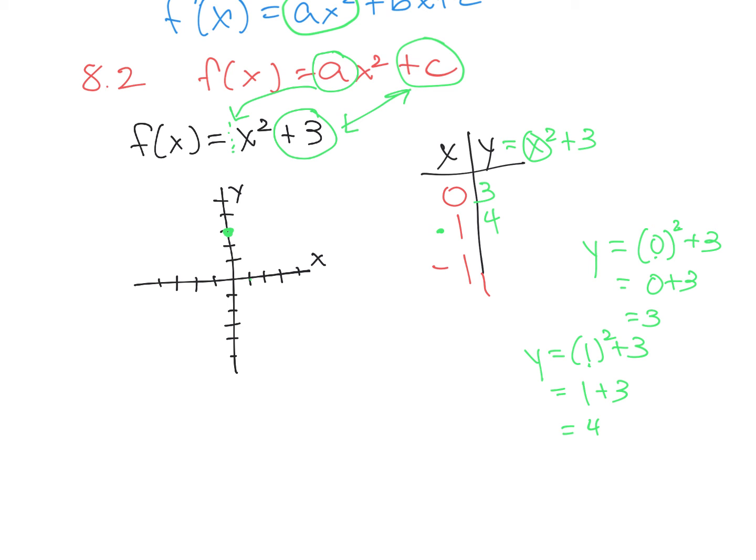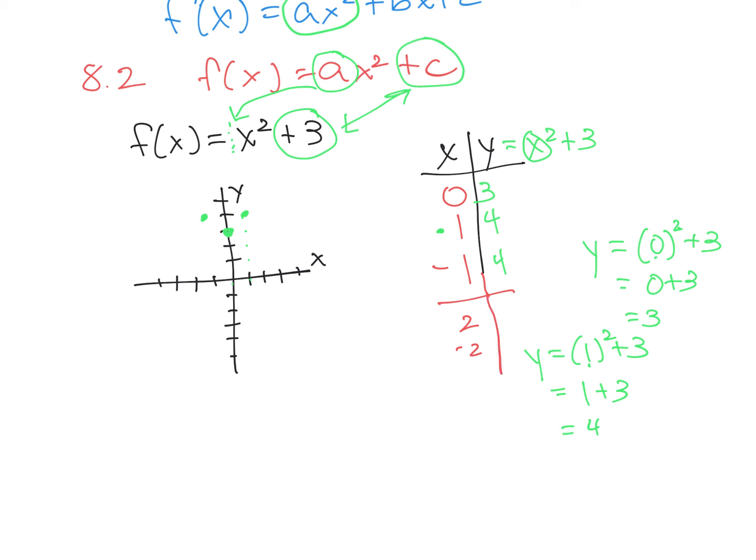So I go over 1 and up 1, 2, 3, 4. And then -1, we know that mirrors it, so it's going to go 4 again. That looks a little off. Let's try this. There.